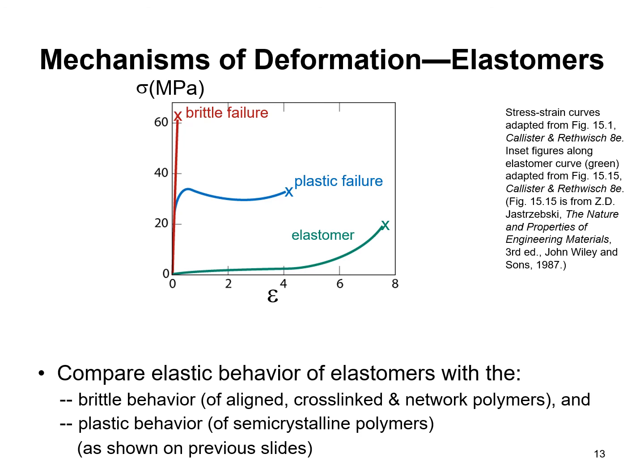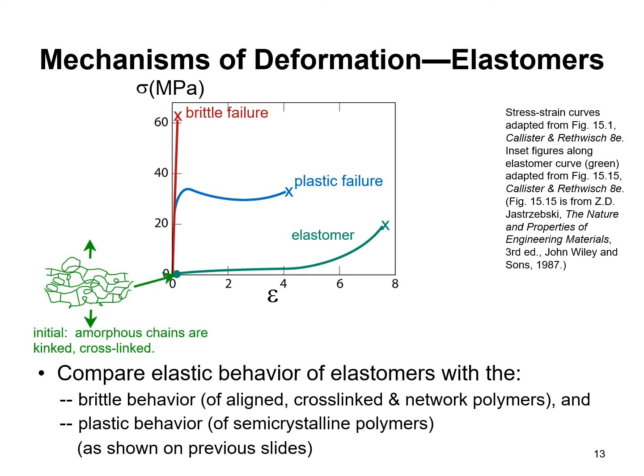Lastly, let's compare with the mechanism of deformation for elastomer materials. At initial state, the amorphous chains are kinked and cross-linked. When they undergo large deformation, the deformation is reversible.